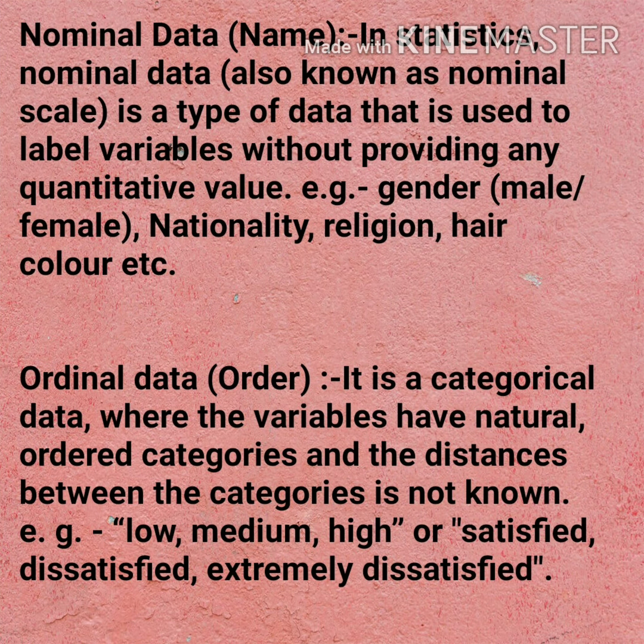Nominal data. Nominal data, also known as nominal scale, is a type of data that is used to label variables without providing any quantitative value. For example, gender like male, female, nationality, religion, hair color. In this regard, I just give one example.